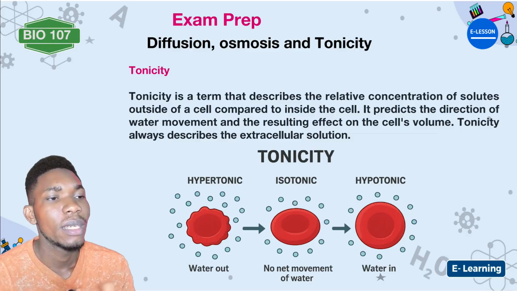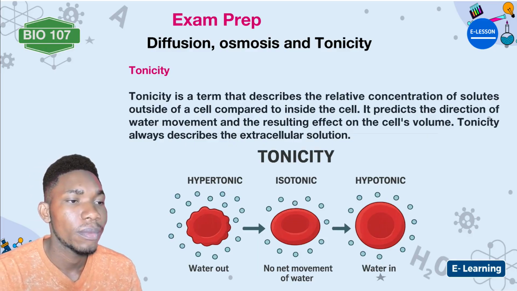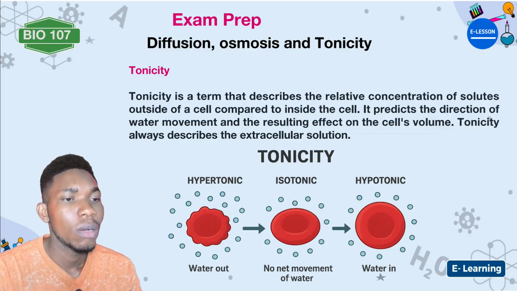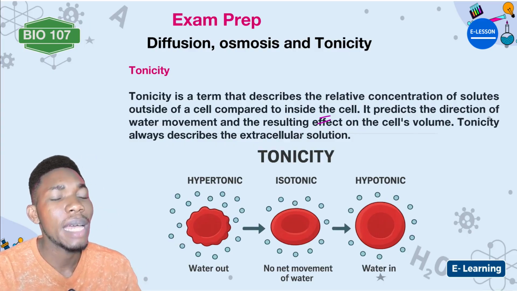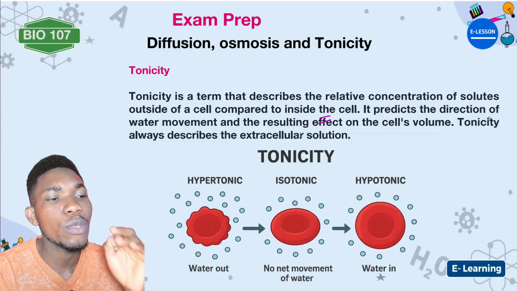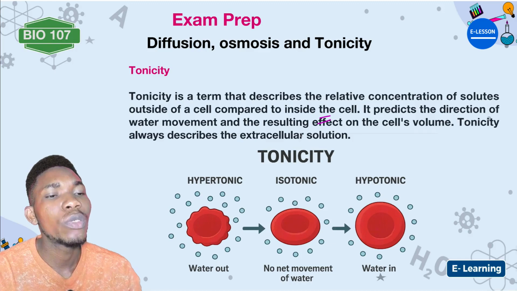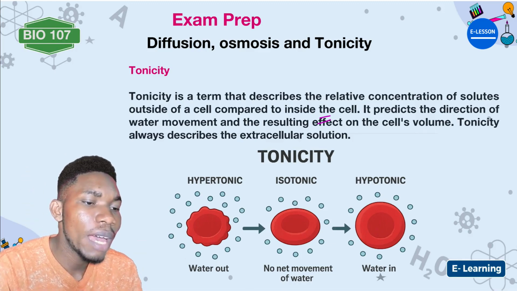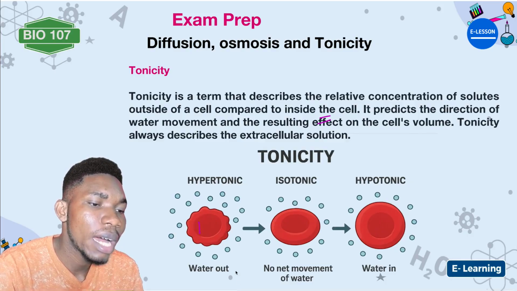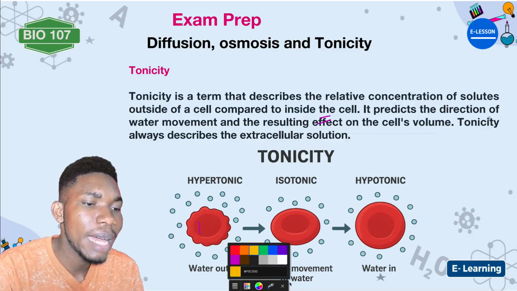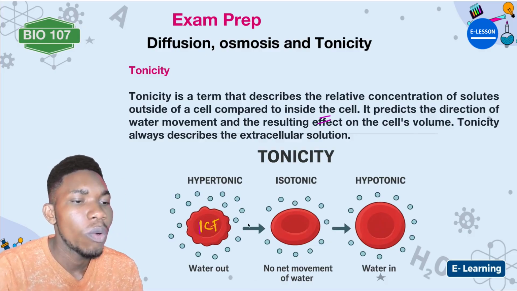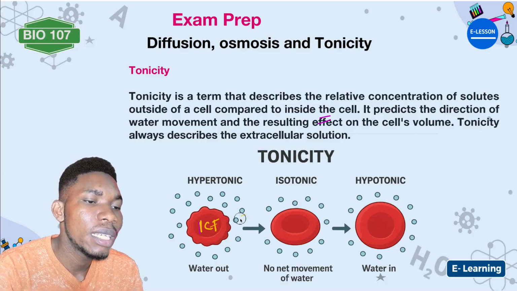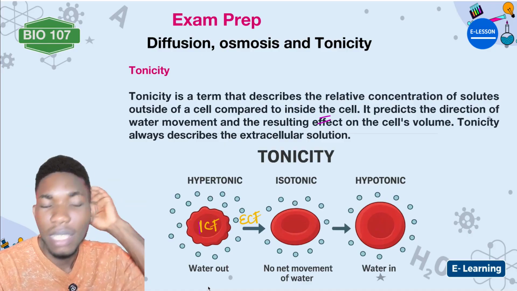Now, tonicity is a term that describes the relative concentration of solutes outside of a cell compared to the inside of the cell. That is what tonicity is all about. The inside of every cell, my dear student, is called the intracellular space, the ICF, while the outside of every cell is called the ECF, or the extracellular space.